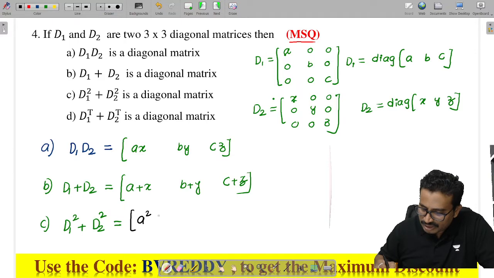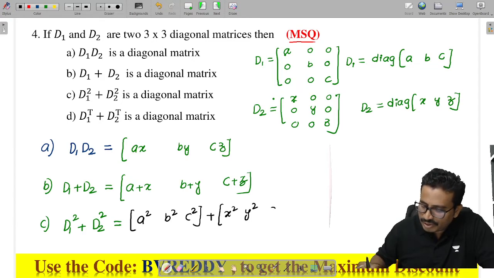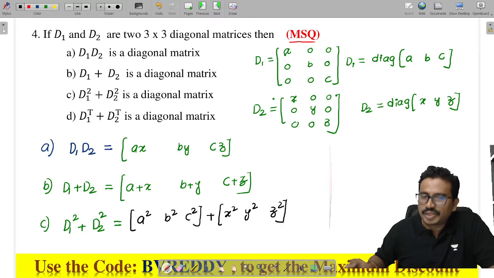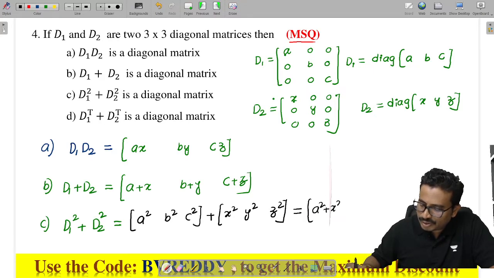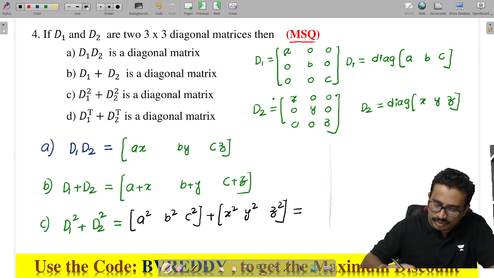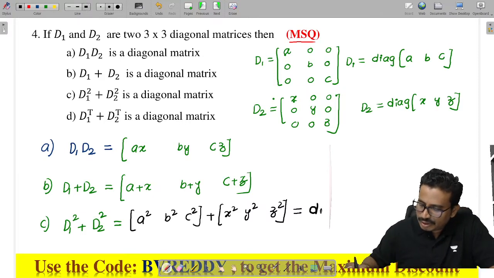So I will get a square, b square, c square, plus D2 square, x square, y square, z square. If I add these two, what will I get? A square plus x square, diagonal matrices. Since it's a diagonal form only, I can write the diagonal of a square plus x square.